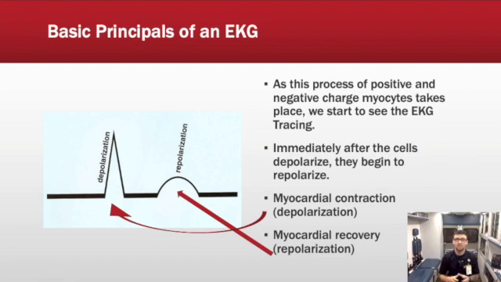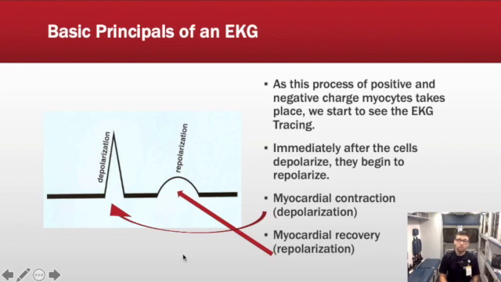Immediately after the cells depolarize, they begin to repolarize. So when we look at somebody's EKG and we have a beat after beat after beat, this is happening very quickly, where the myocytes are polarized, depolarized, polarized, depolarized. They go through this constant cycle so that our heart can actually function and beat.